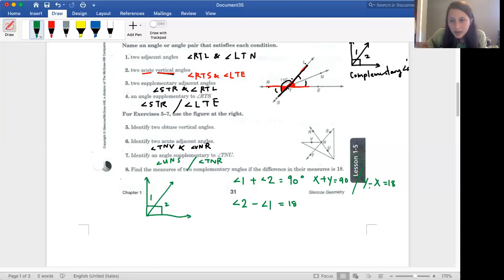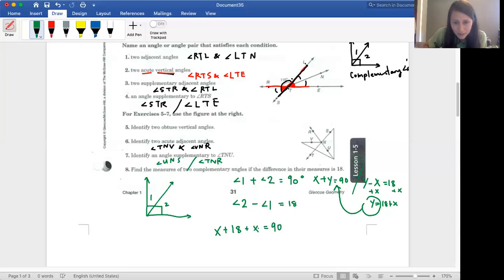So I could add x to both sides, and this would become y equals 18 plus x. And then because I now have a value of y, I could plug this into my equation up here, and then I would have x plus 18 plus x equals 90.